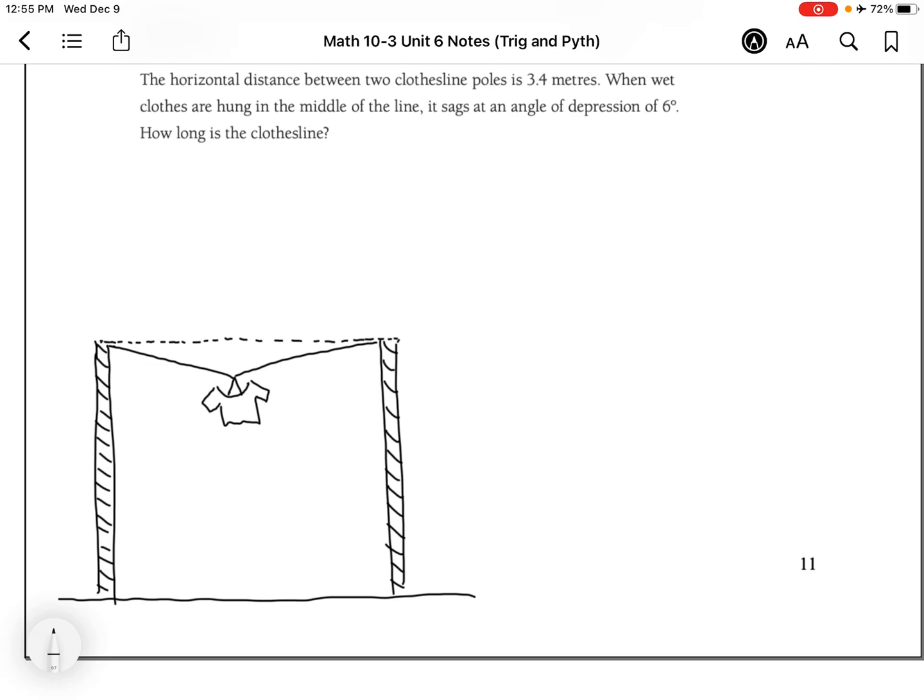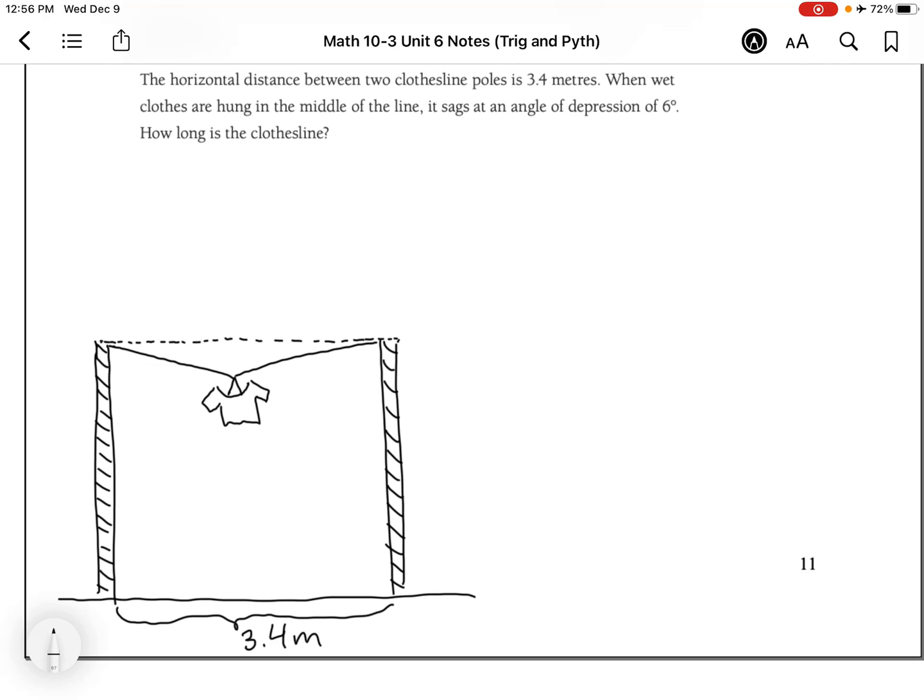Now that we can kind of picture what's going on, we've got to start to fill in some details. Firstly, the horizontal distance between the 2 poles is 3.4 meters. So that's this piece here. When wet clothes are hung in the middle of the line, it sags at an angle of depression.